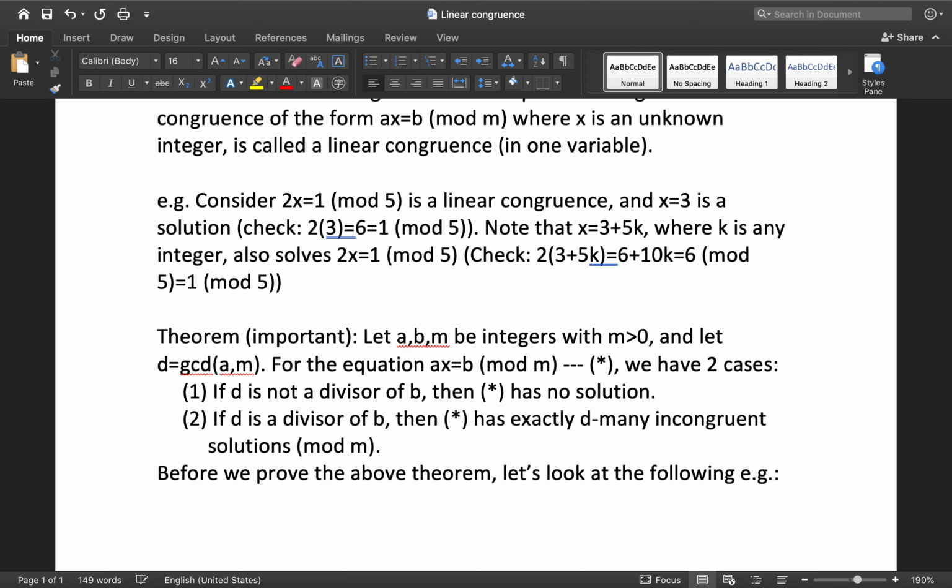Find all solutions to 3x congruent to 12 modulo 6. So we try to solve that linear congruence equation, and how do we solve it?